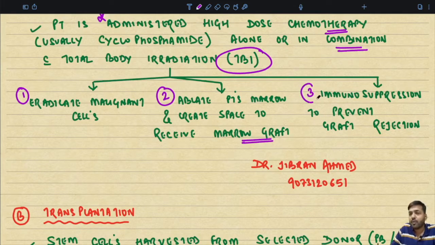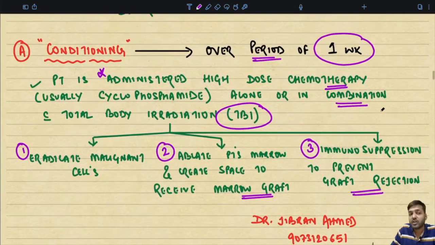And the third very important thing is immunosuppression to prevent graft rejection. By this process, all the recipient's immune cells are being destroyed, so the recipient's immune cells cannot go and attack the graft. So it is basically causing immunosuppression to prevent graft rejection. So these are the three very important functions of conditioning.